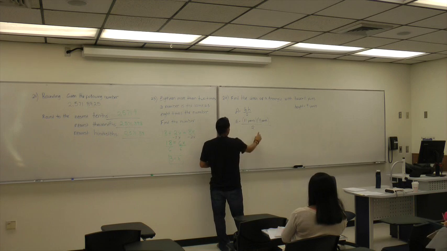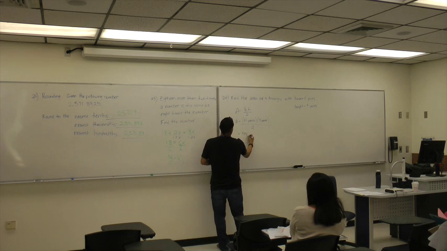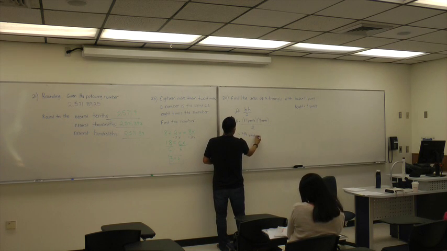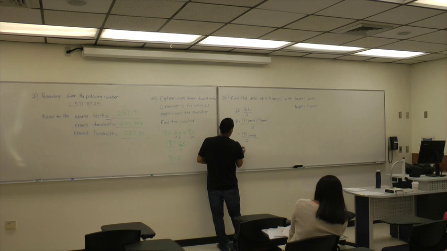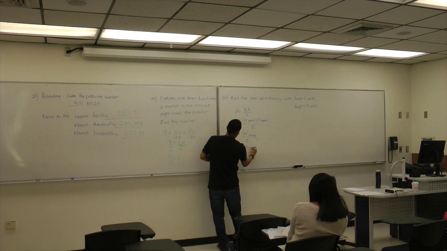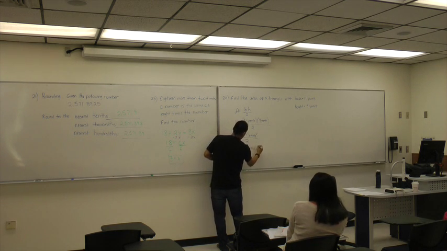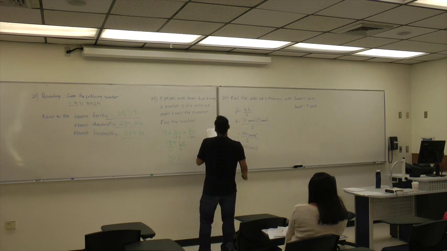We multiply 11 times 4, which is 44 yards. And then divided by 2, that would be 22 square yards. Good.